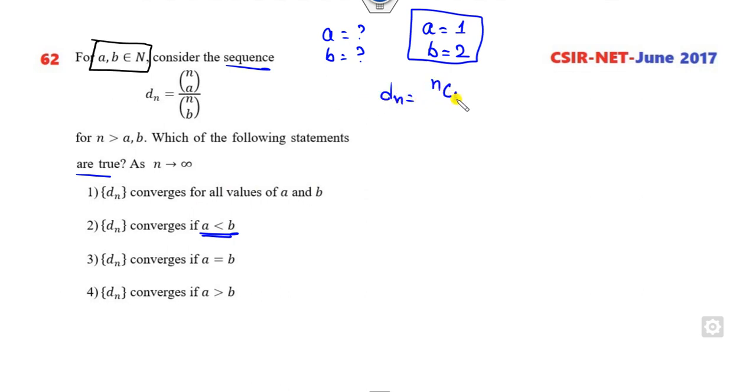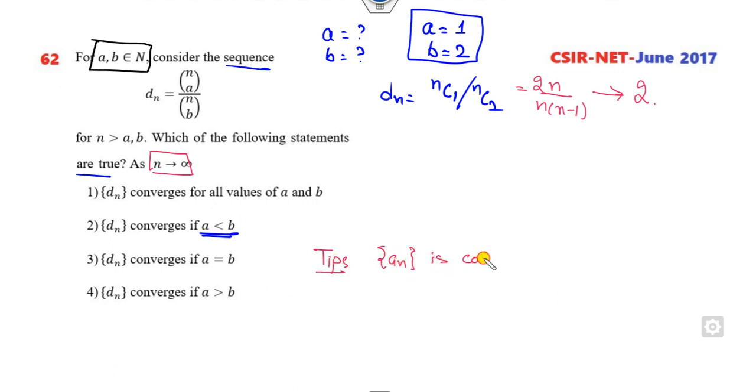That is NC1, NC2. NC1 is N, NC2 is N times N minus 1 over 2. If you take N approaches infinity, this goes to 2. So remember, the sequence AN is convergent when you take the limit as N approaches infinity, if it is finite.